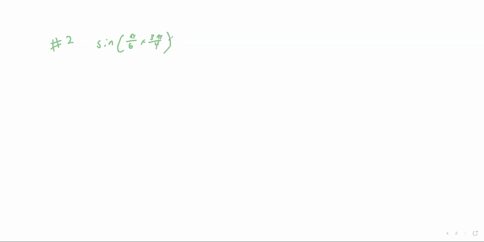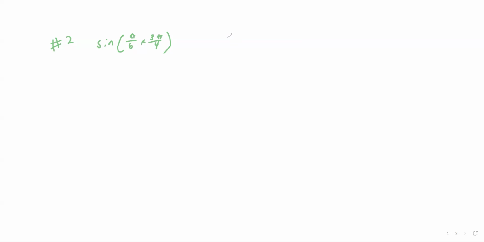If you were to try to add these, it might not produce an answer for us. The common denominator would be 12, so that'd be 2 pi over 6, and then 9 pi over 12. That would give you 11 pi twelfths, right? We don't have twelfths on our unit circle.